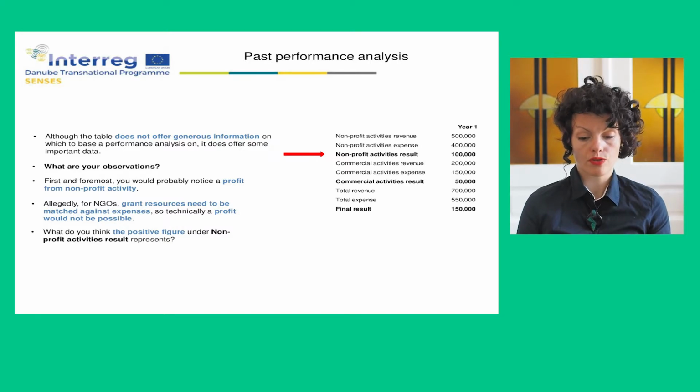First and foremost, you would probably notice a profit from non-profit activity. Allegedly, for NGOs, grant resources need to be matched against expenses, so technically a profit would not be possible. What do you think the positive figure under non-profit activity result represents?